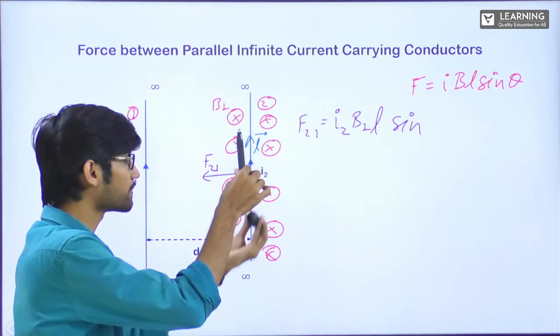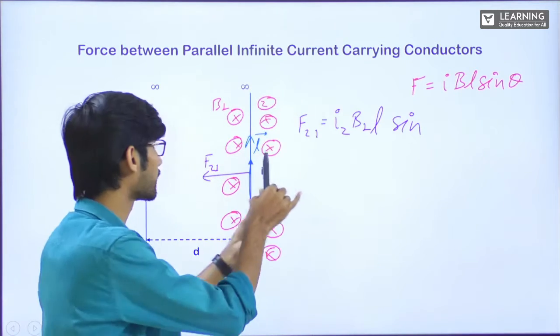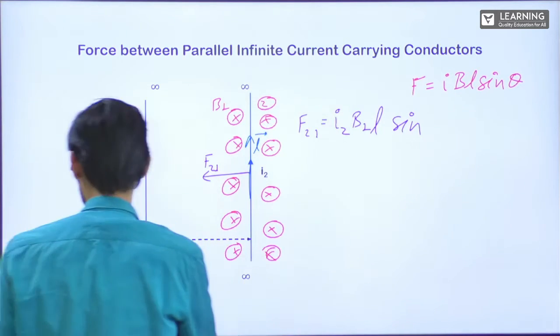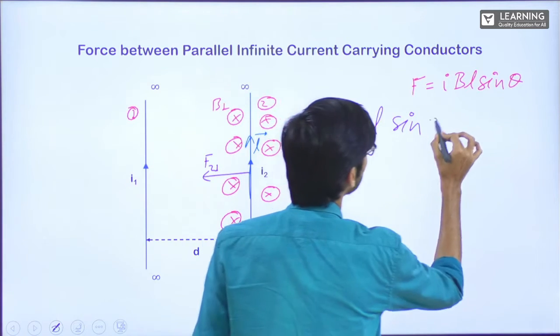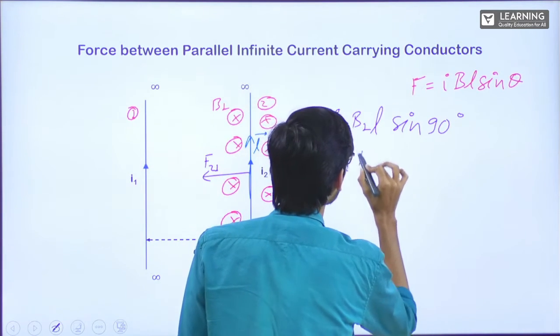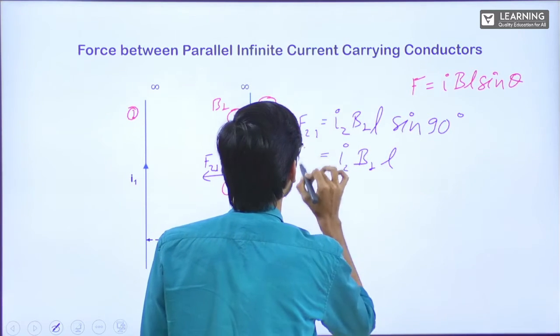Now L is this, magnetic field is this. What is the angle between L and B? 90 degrees, correct? So this will be sine 90 degrees. So that is I2 B1 into L. That is what F21 is.